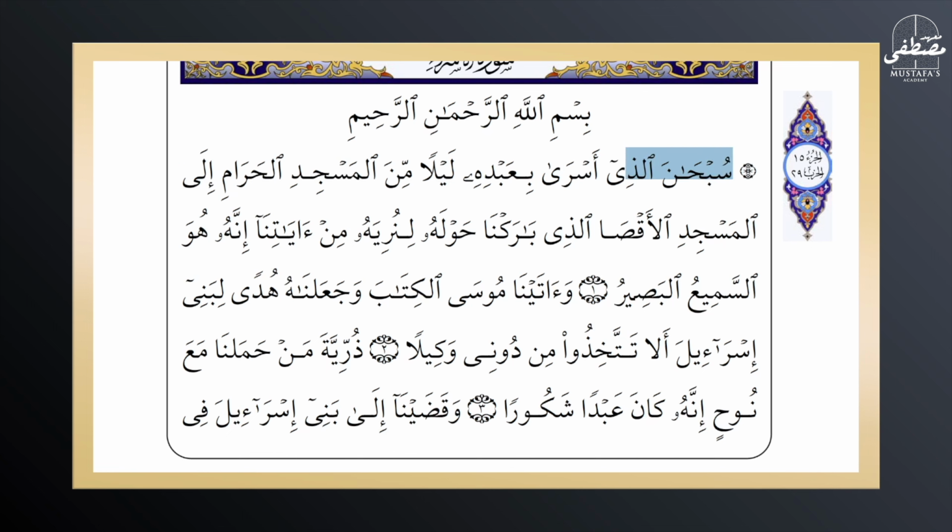Subhanallah, exalted be the one who took his servant on the night journey from المسجد الحرام, the haram, إلى المسجد الأقصى, to المسجد الأقصى الذي باركنا حوله لنريه من آياتنا. Understood?